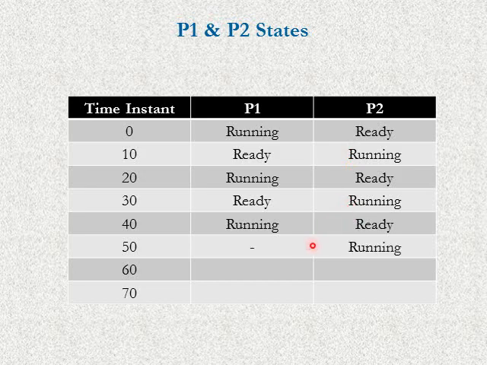Over here you can see that we do not have any other process, so this P2 is in the running state. And you will see an interesting phenomenon when we are at time interval 60, because again we will have an interrupt, and we will see whether there is any process waiting for the processor.